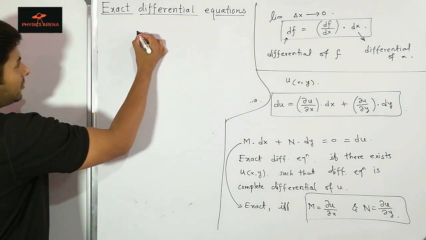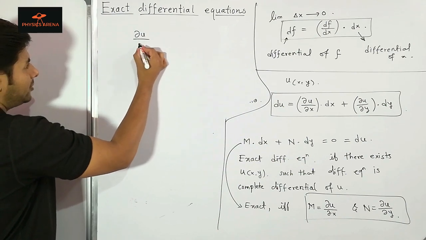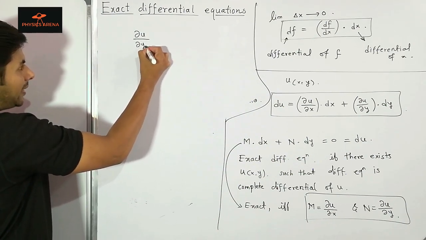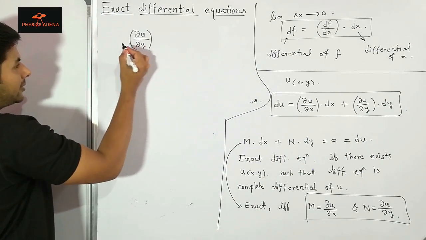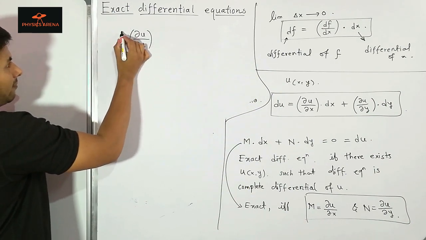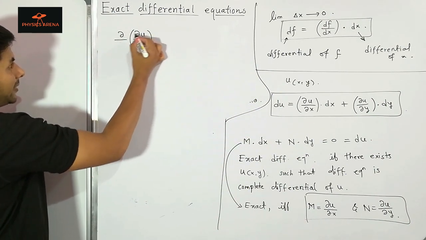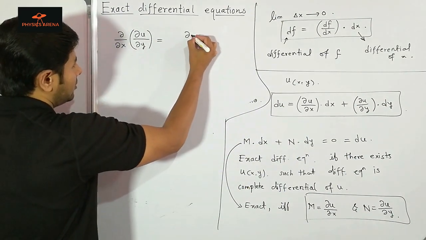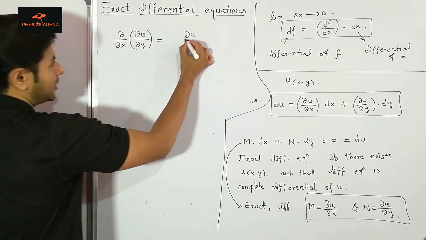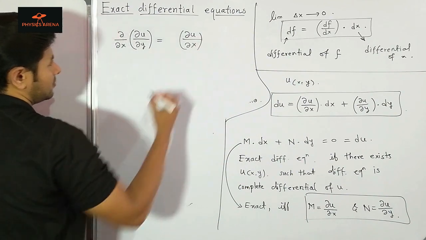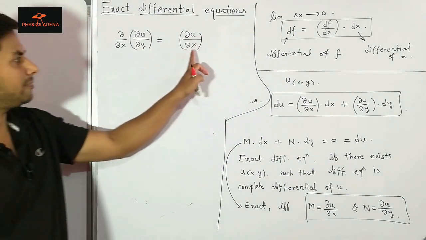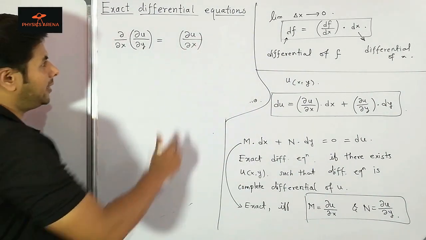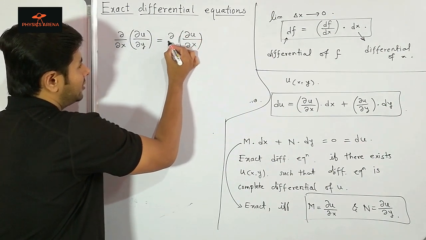If you take the partial derivative of u with respect to y and then take the partial derivative of that with respect to x, it is equal to taking the derivative with respect to x first and then the derivative of that with respect to y.